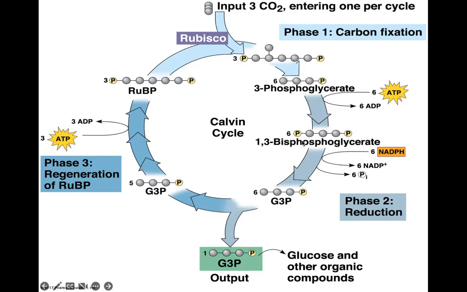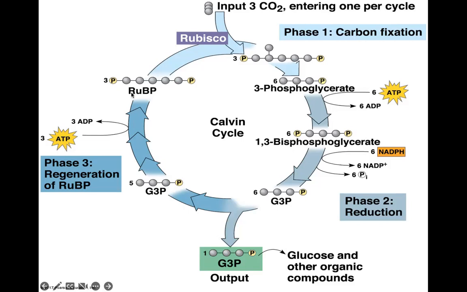We have our 1,3-bisphosphoglycerate. We add our 6 hydrogens from NADPH, and our 6 phosphate groups come off. This is our reduction phase. So now we have 6 G3P, and 1 G3P comes out for the output. The other 5 G3P, we add those phosphate groups back on again, right?